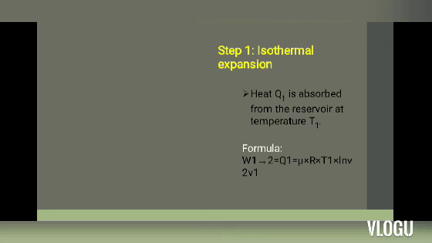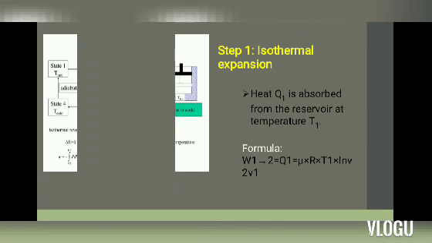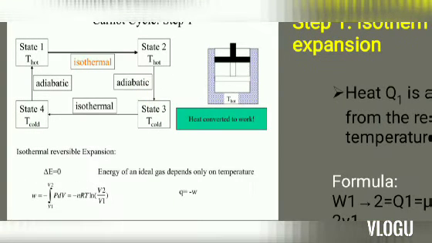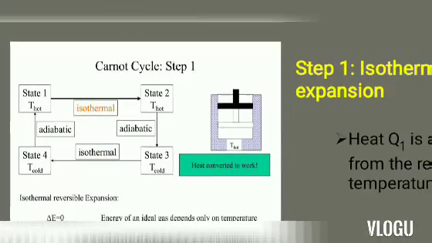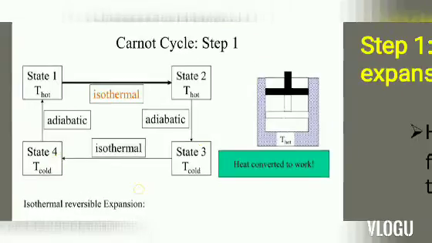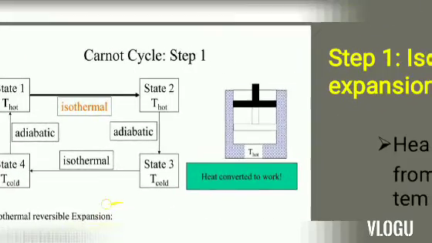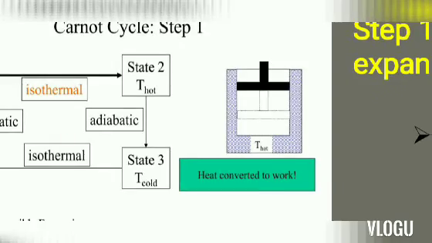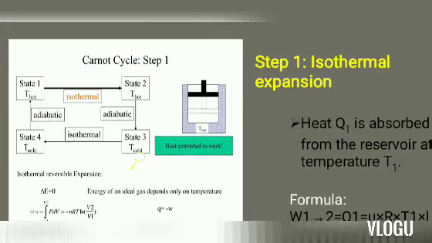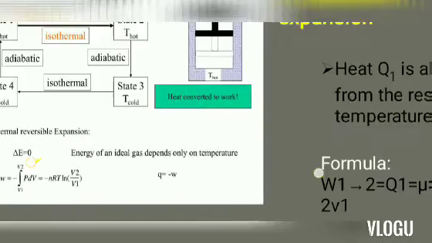The heat goes into pushing the piston as the gas expands. So this causes the substance to expand from volume 1 to volume 2 and hence to perform work on the surroundings. The cylinder is open at this stage, and the temperature remains constant.